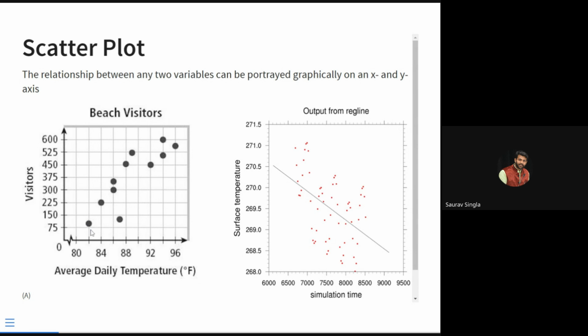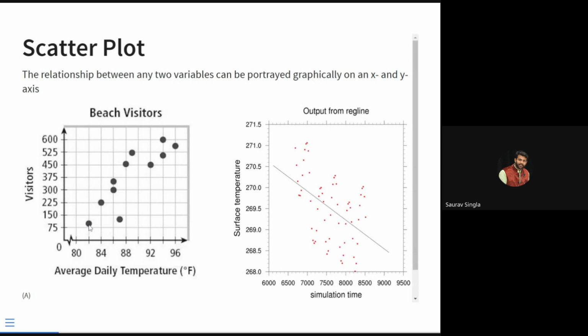Okay. So this dot, on the x-axis it is 82, because it is lying between 80 and 84. On the y-axis, it is a little above 75 and quite below 150, so we guess this value will be near 85, 90 something.